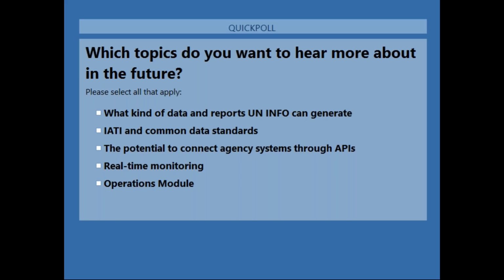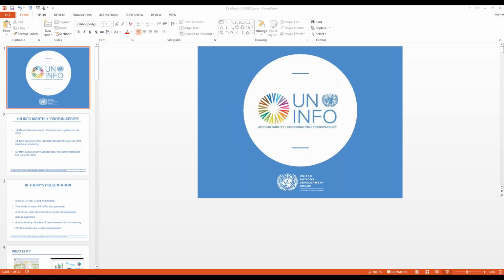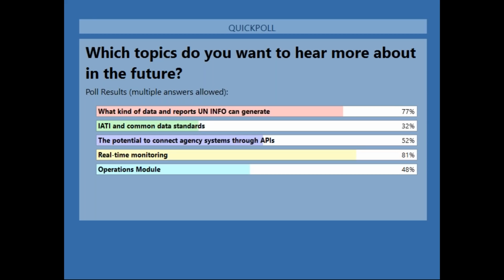So I'm just going to close this poll, because I think we have a good number of 66% of people have voted. So let me just close it, and then let's look to see. Oops. Wait a minute. Share results.